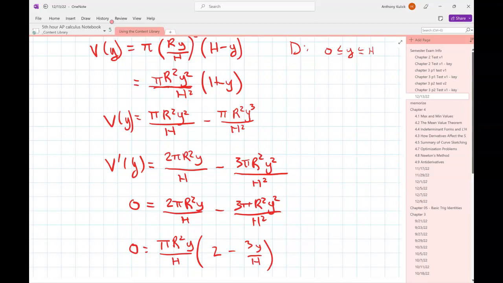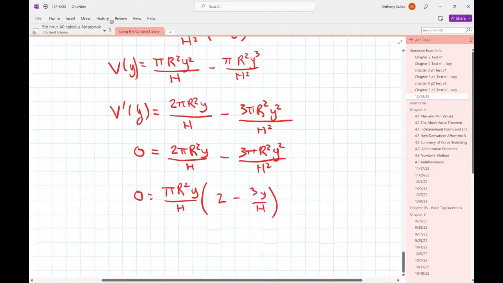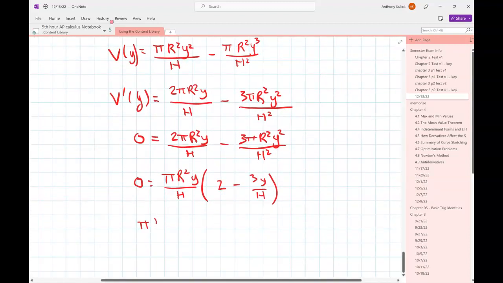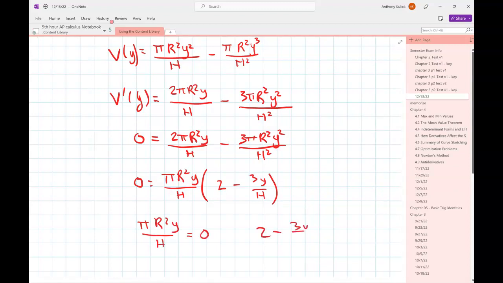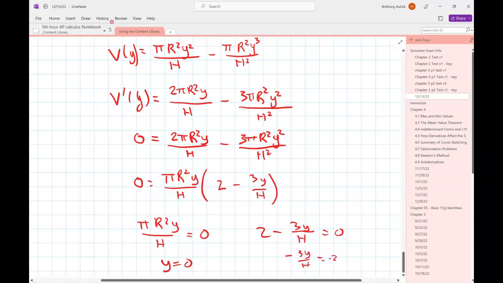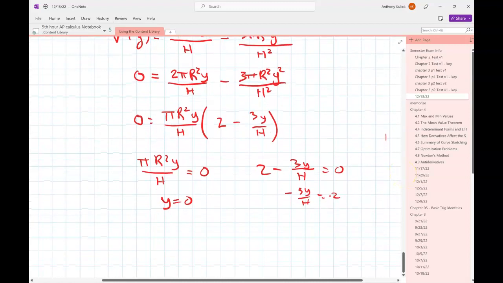Everybody agree with that? We can now use the zero product property to set each of those factors equal to 0. So there, y is just 0. And here, we'll subtract the 2 over, and then multiply by the reciprocal.